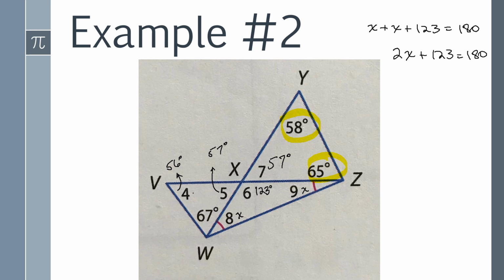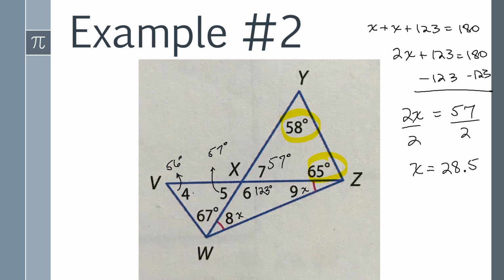I'm going to subtract 123 from each side. I get 2x is equal to 57, right? So I'm going to divide each side by 2, and if I use my calculator, 57 divided by 2 gives me 28.5.